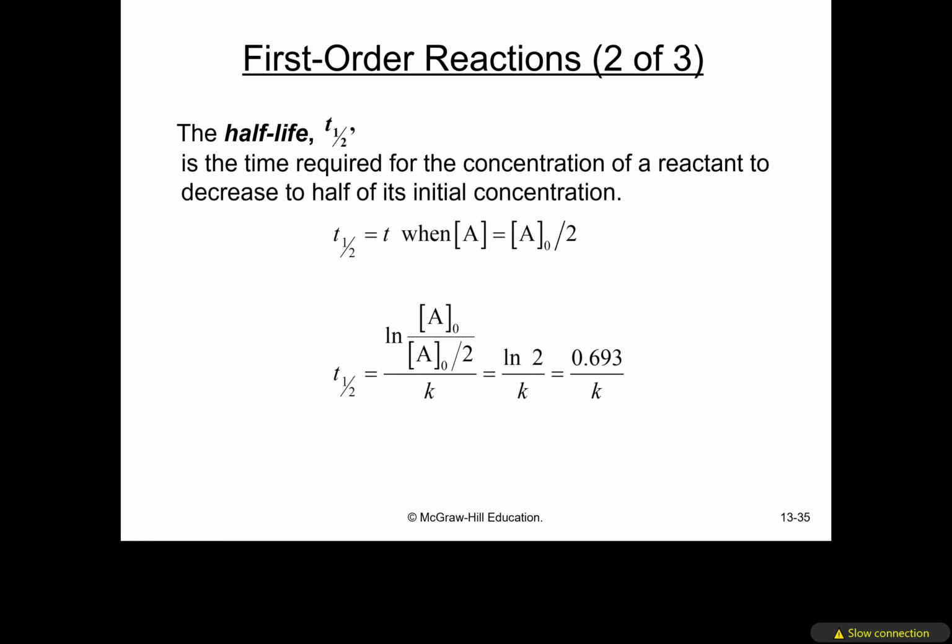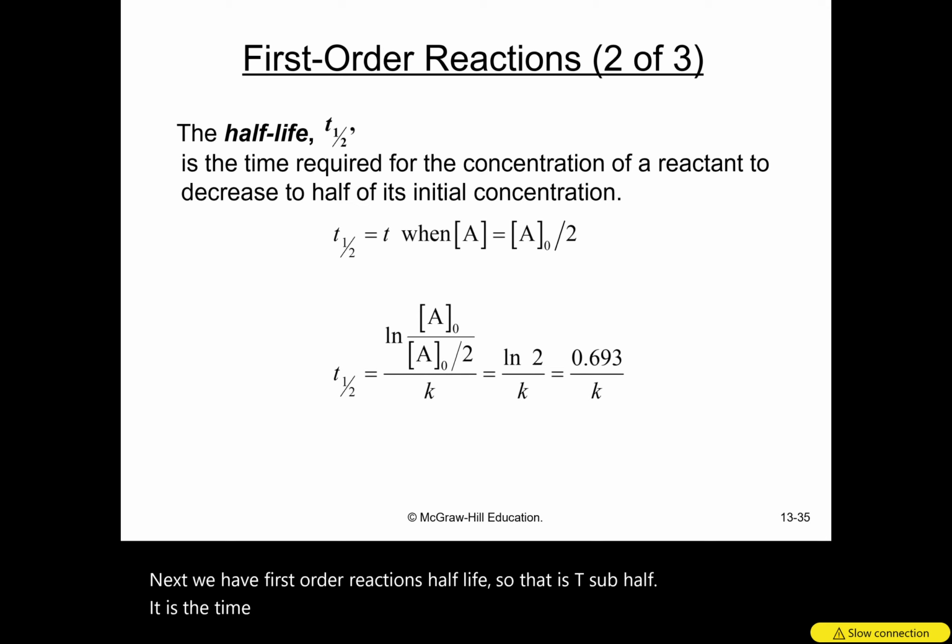Next we have the first order reaction's half-life. So that is T sub half. It is the time required for the concentration of the reactant to decrease to half of its initial concentration.